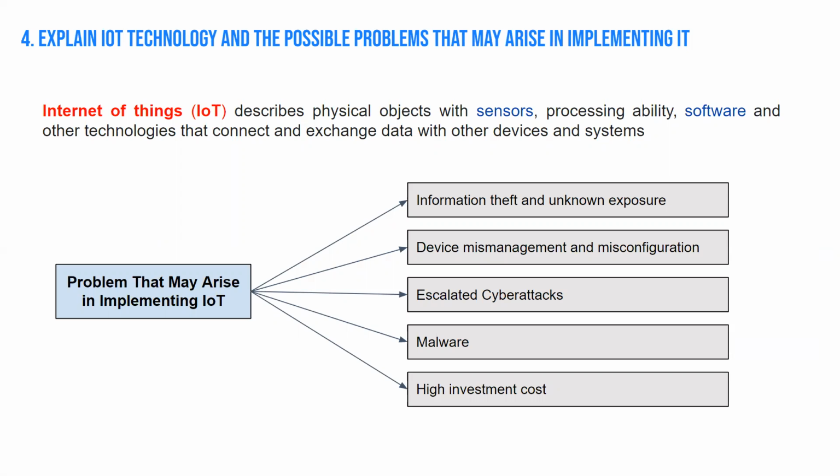IoT also has implementation problems that may arise, such as information theft and unknown exposures. The next ones are device mismanagement and misconfigurations, escalated cyber attacks, malware, and high investment costs.